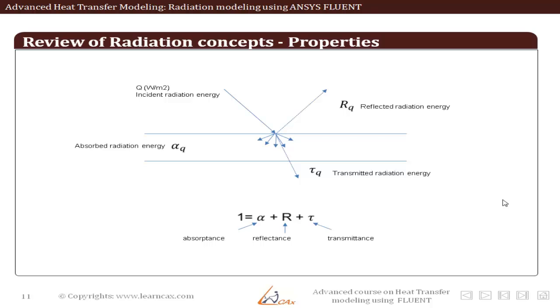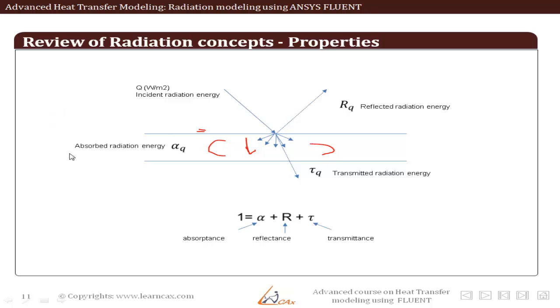So now we have studied emissivity. Now depending upon how a surface interacts with the incident radiation, different types of properties of that surface are defined. First is the absorbed radiation energy. When incident radiation is falling on a surface, shown here, this radiation can go inside the thickness of the material and get absorbed in the material.